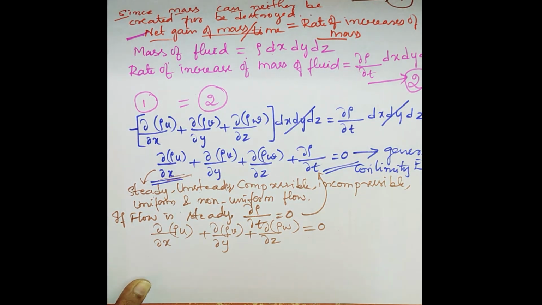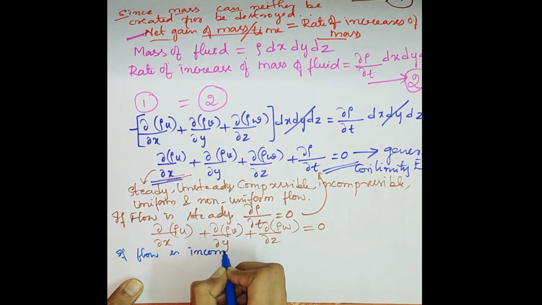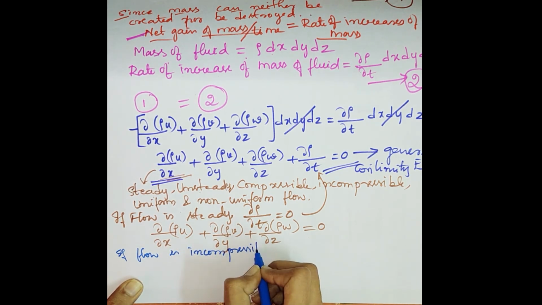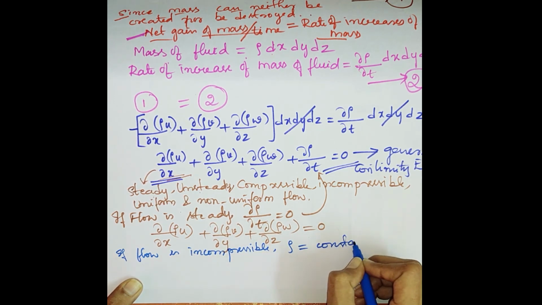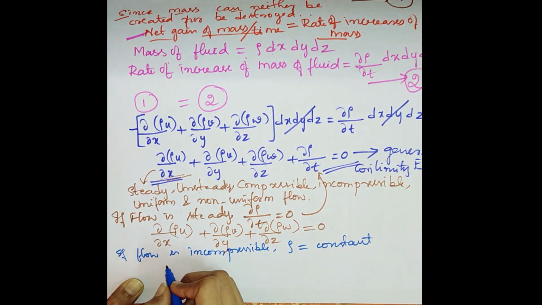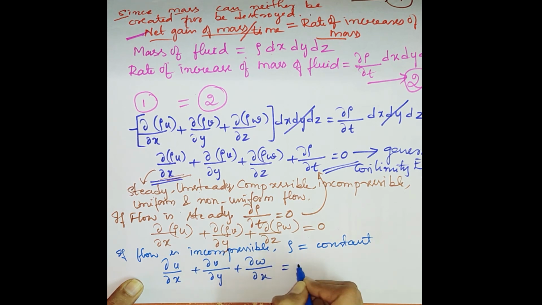And also if we consider the flow to be incompressible, then the density is constant. So if density is constant, the equation will become dou u by dou x plus dou v by dou y plus dou w by dou z is equal to 0.